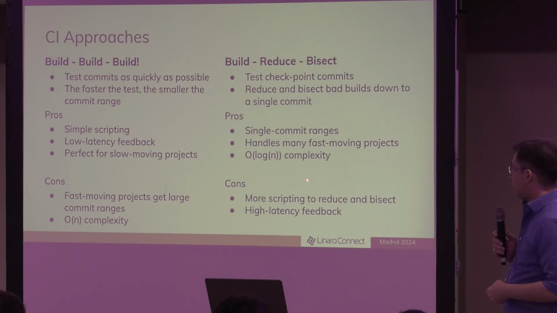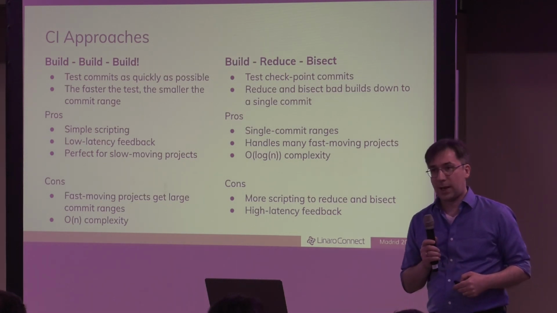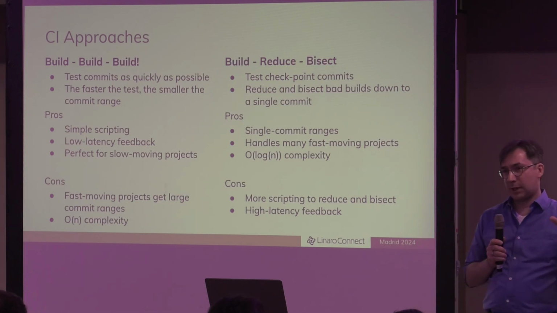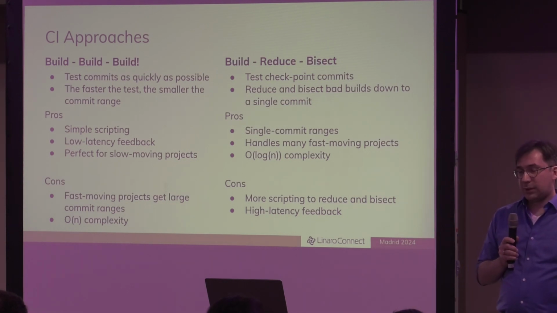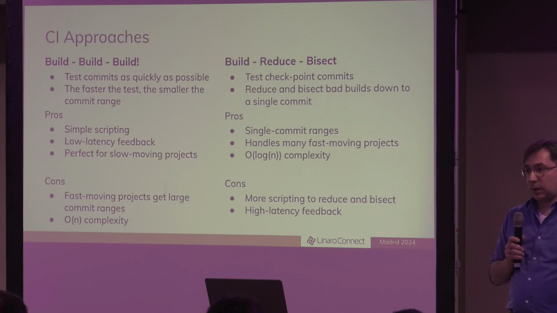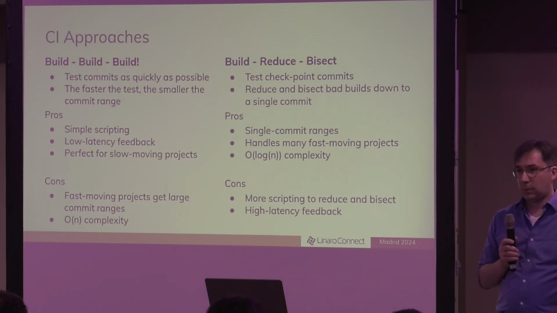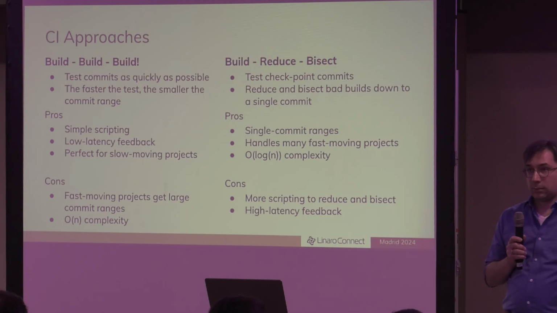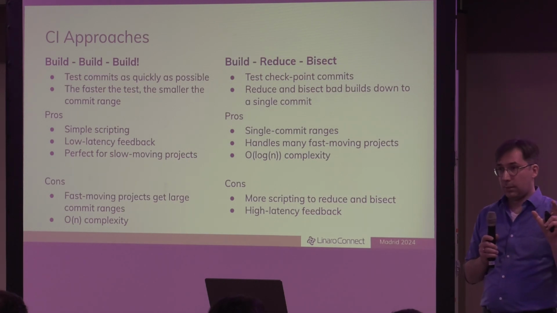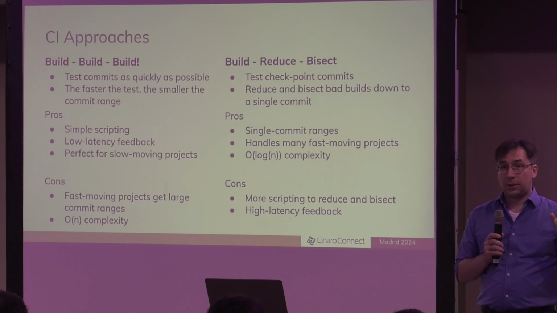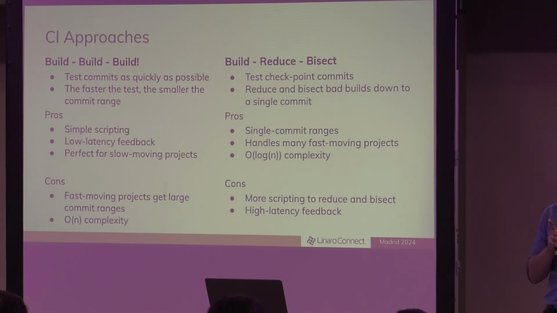Because we are doing bisection, we get logarithmic complexity, which is nice. Even if you are building once in 3 days, and you get a range of 2,000 commits. 2,000 commits is how many? 11 steps of bisection, which is big, but usually when you are bisecting, you can narrow down the test suite.